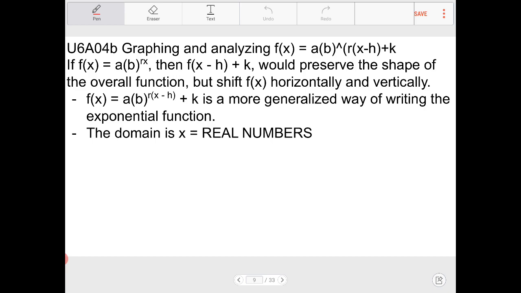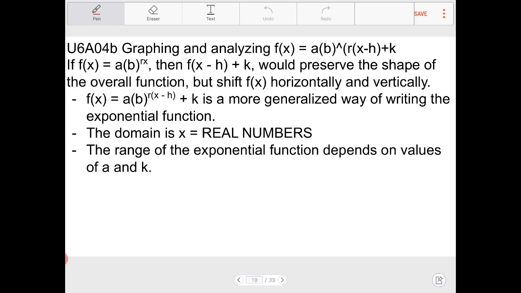The domain for such a function, just like in the last video, is all real numbers, because we can substitute any value of x and still generate some y coordinates. The range, on the other hand, is slightly different. In the last video I said if the function was simply of this form, then the range is simply y is greater than 0.